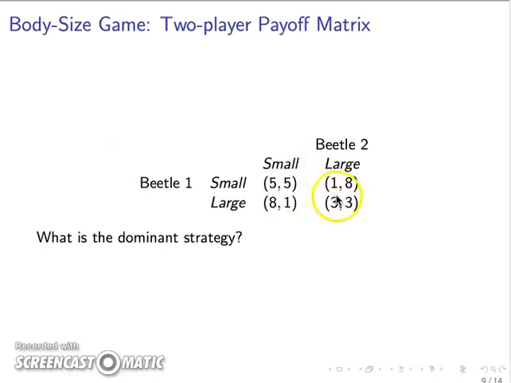This is specified here in pairs, where the first entry goes for individual 1, the second entry goes for individual 2. So given this type of information, what is natural is to address, well, which is the dominant strategy? Where here the strategy being the size of the body, either small or large.